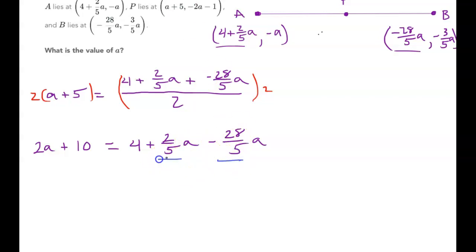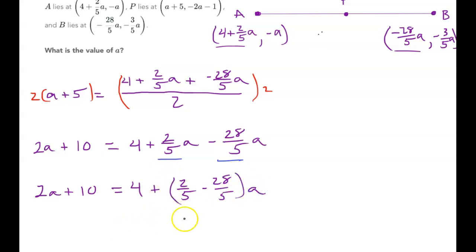So I've got 2a plus 10 equals 4 plus, and I can add their coefficients: 2/5 minus 28/5 times a. 2 minus 28 gives me minus 26, so this becomes 4 minus 26/5 a.